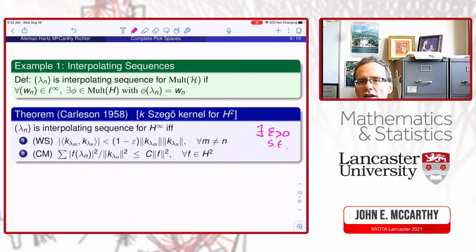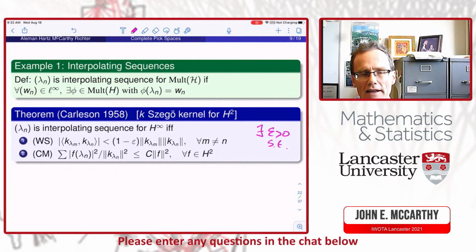That's called weak separation because you get it just by checking every pair. You don't compare one point to all the rest at once. So pairwise, they're separated. That's weakly separated.